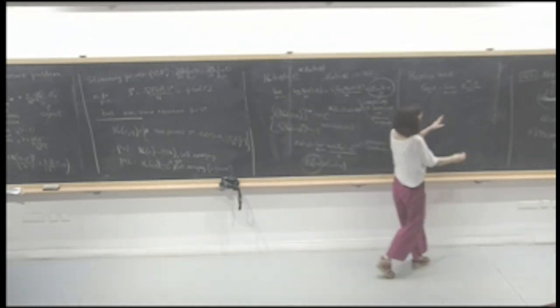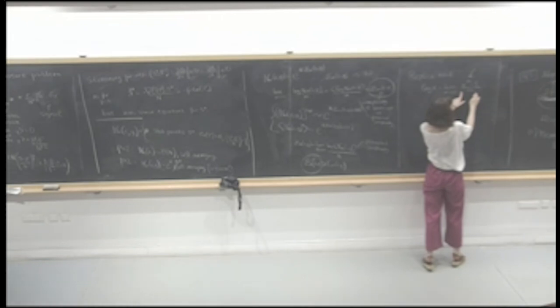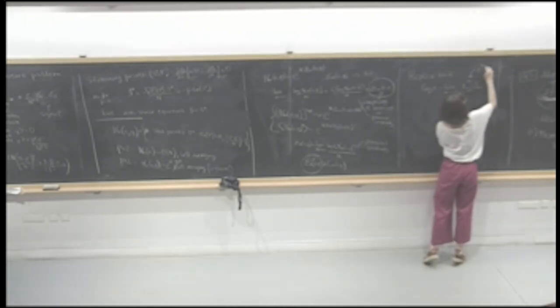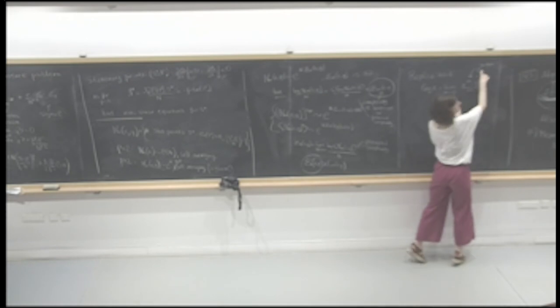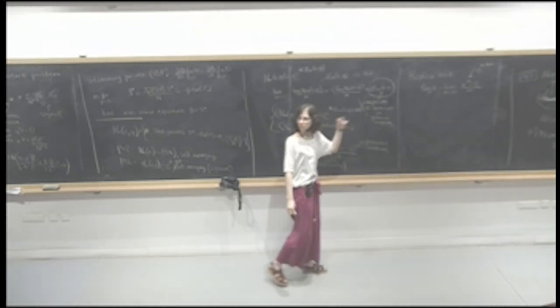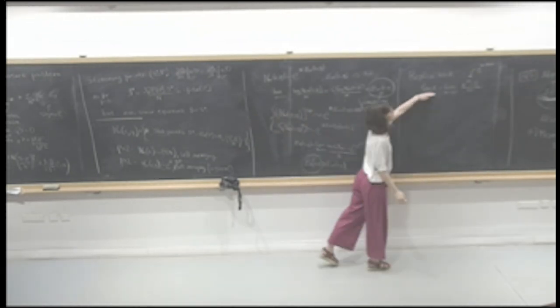This is just an identity. If you want to see this, you take this x to the m, write it as e to the m log x, and then do an expansion around m equal to 0. You take the limit, and you see that the only thing that remains is the log of x.